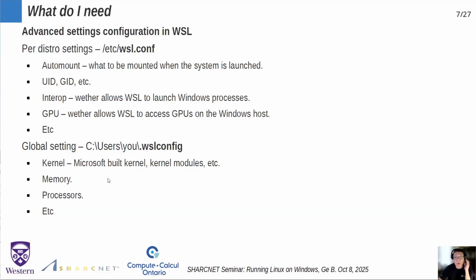And there's a global setting. This is set on Windows. For example, someone might want to give a certain amount of resources dedicated to WSL, such as half or a quarter of the memory and the disk space.